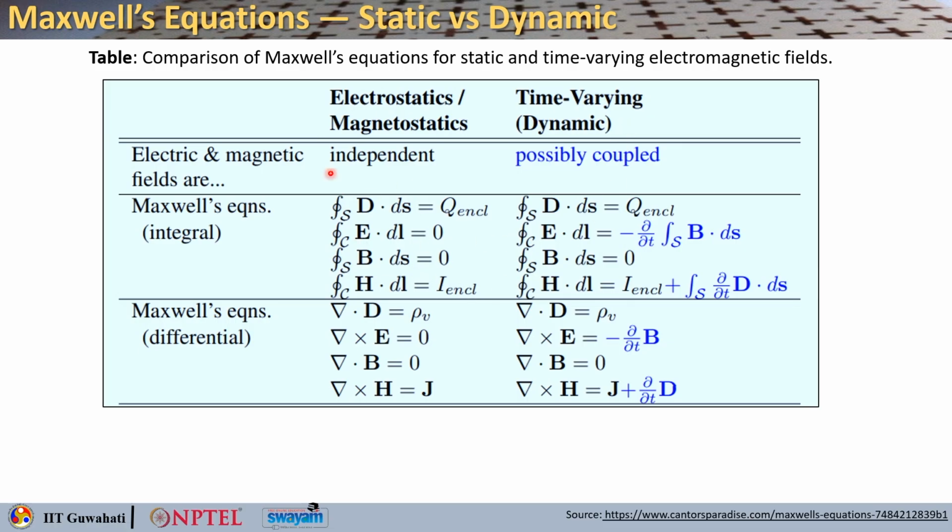The equations on the left show the equations for electrostatics and magnetostatics, but as soon as they are dynamic in electrodynamics, these new terms in blue are added. So, these are the Maxwell's equations in the integral form, and these are the Maxwell's equations in the differential form. Now, we know how we can go from one form to the other.